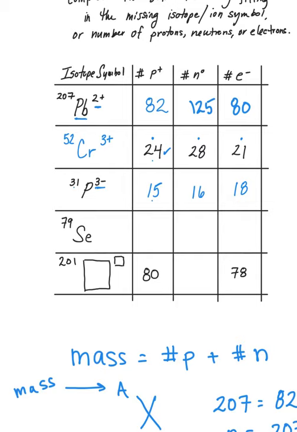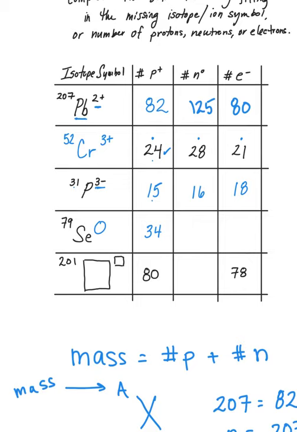For selenium-79, notice that we don't have any charge at all. That must mean that this substance is electrically neutral. In other words, the number of protons and the number of electrons are perfectly balanced. The number of protons in selenium is 34, because selenium is atomic number 34.